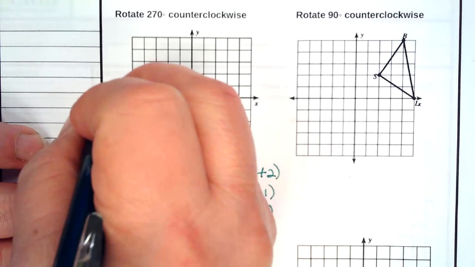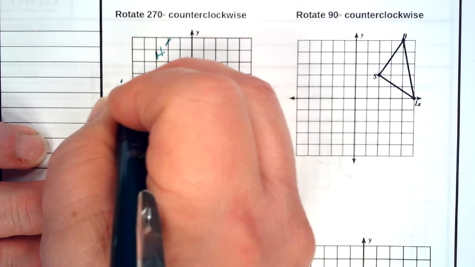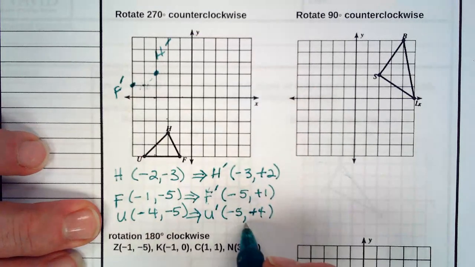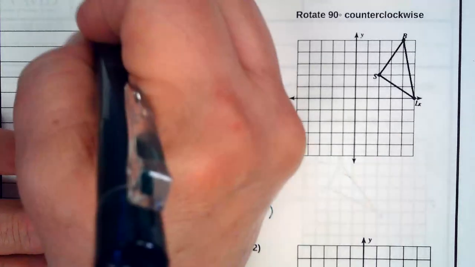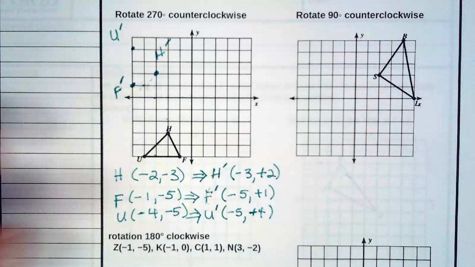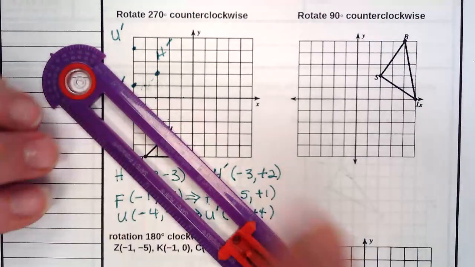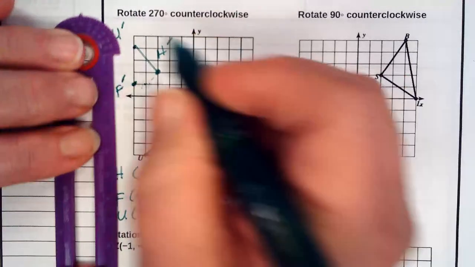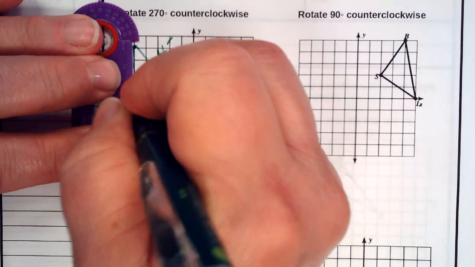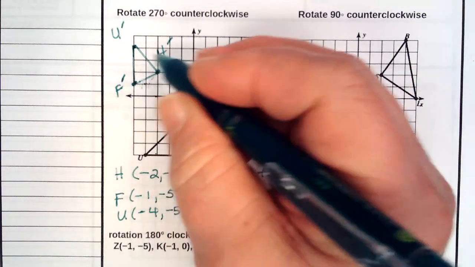There is my F prime, H prime, and finally -5, 4 is my U prime. Connect your dots. When I'm doing this, a quick check is to make sure they look exactly the same, except they're rotated.